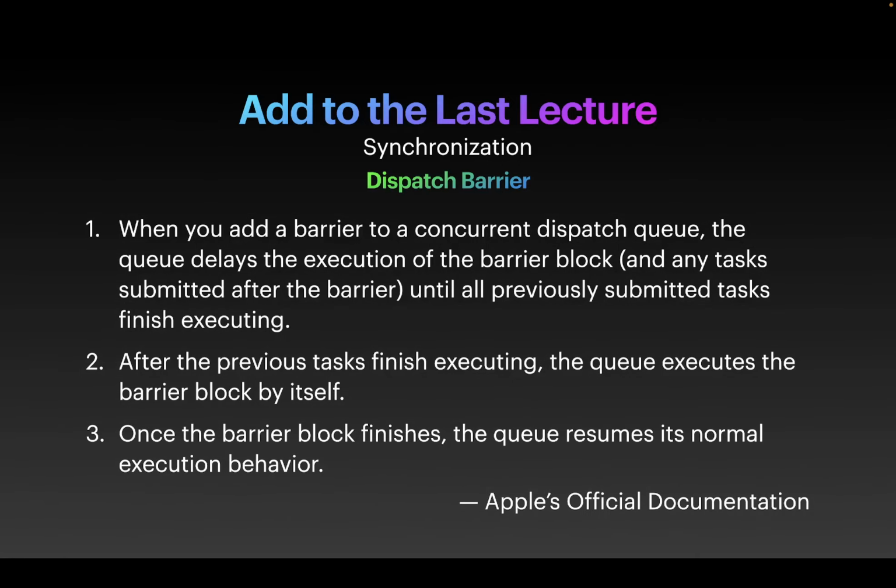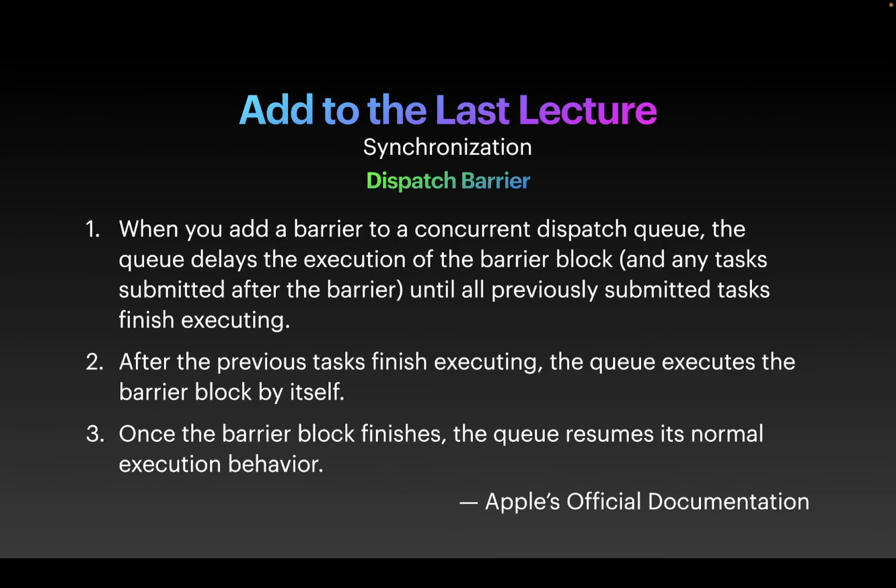Okay, so let's take a look at the behavior of a barrier. What does it mean to be a barrier in this case? A barrier follows 3 rules. The first rule is when you're trying to add a barrier to a concurrent dispatch queue, the queue delays the execution of the barrier block and any task submitted after the barrier until all previously submitted tasks finish executing.